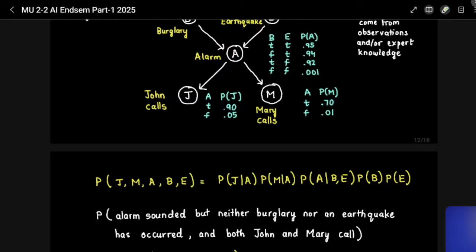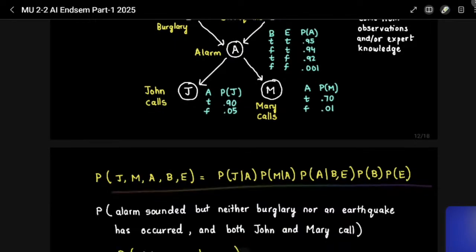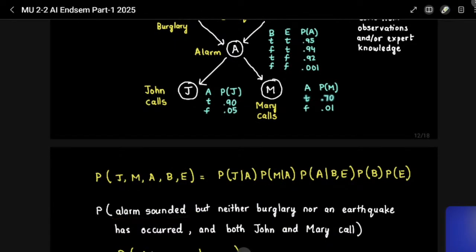So you have alarm, you have burglary, you have earthquake, you have John, you have Mary. All the necessary information is given, so you just have to fill it in. Alarm sounded means alarm is true. Neither burglary nor earthquake occurred means burglary is false, earthquake is false. Both John and Mary called, so John calls is true, Mary calls is also true.